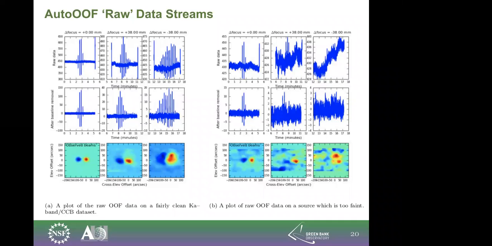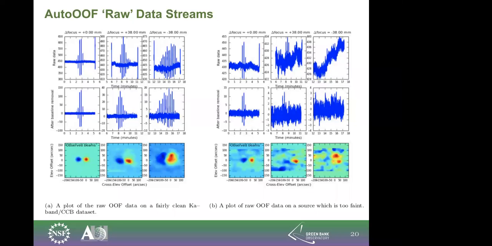And now some of the raw data streams. This is one of the ones I was mentioning earlier, where you have a poor OOF solution, or your source is relatively faint. In the panels on the right, your fitted beam maps will look like this mottled type of structure, and you really won't get the strong signals that you see in the source on the left.